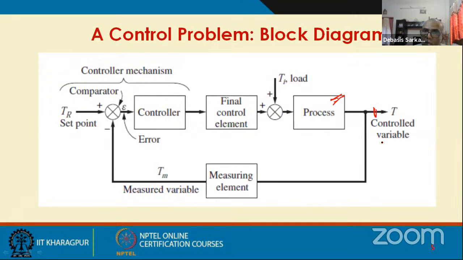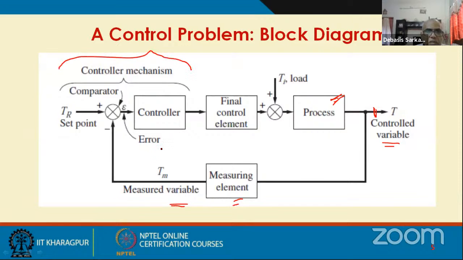So the temperature of this control variable is measured by a measuring element, which may be a thermocouple, let us say. Now, this information about the measured temperature goes to a controller mechanism.